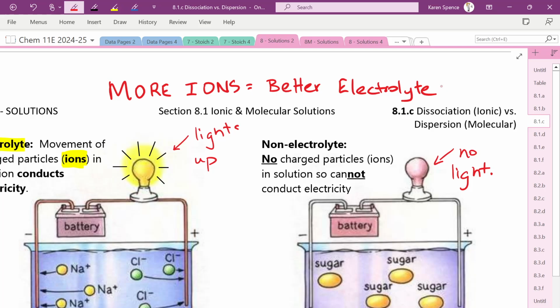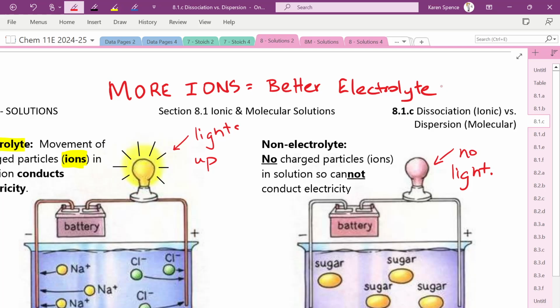Bright, dim, none? Probably similar to the 0.1 molar HCl. Let's see if it is. Yeah? Okay. There we go. And let's rinse that off with our water. Where's my water? There's my water. Okay.